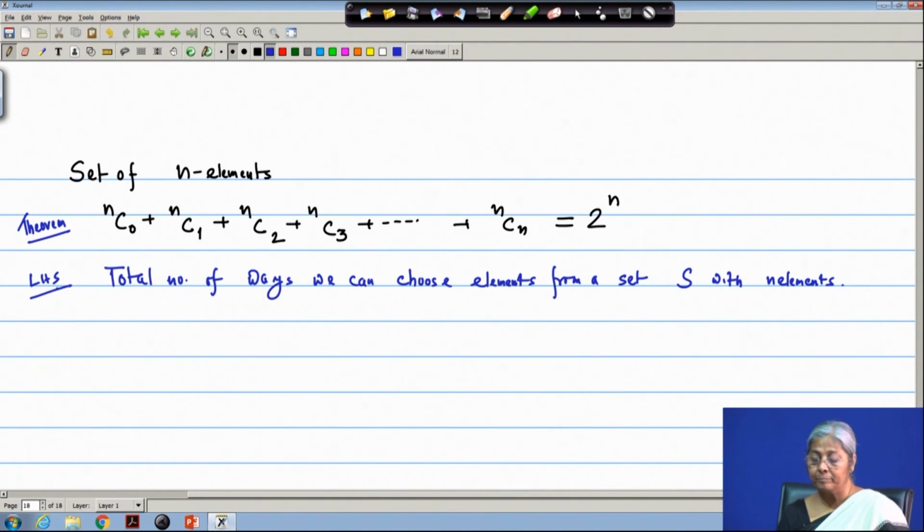It tells that I can choose 1, 2, 3 like that. What does my right hand side tell?